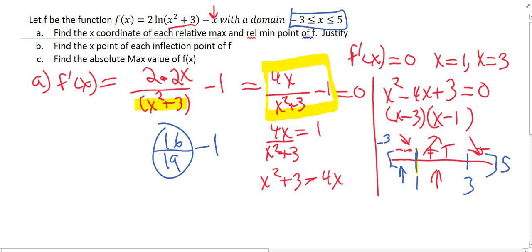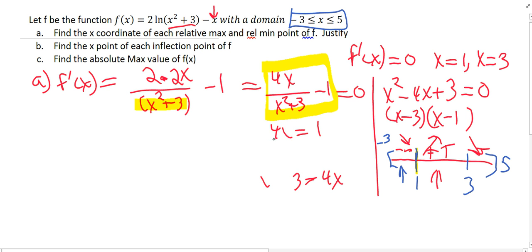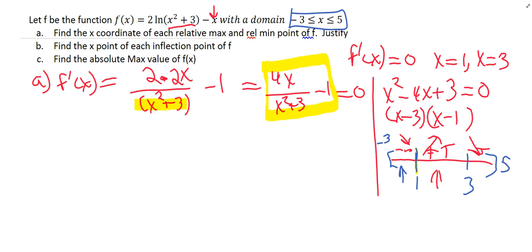Of course, we're not going to use a sign chart to analyze this. Let me erase this part right here. We know that this is the derivative. So the justification, of course, is that this would be a relative min at 1, and the relative max would be at 3.